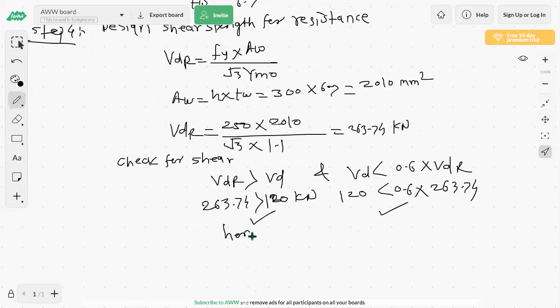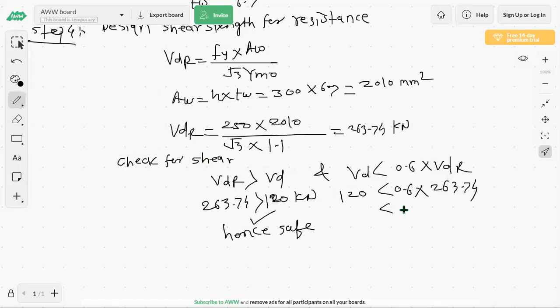So this is safe, this is also safe. How much is this value? 0.6 into 263 is 158.